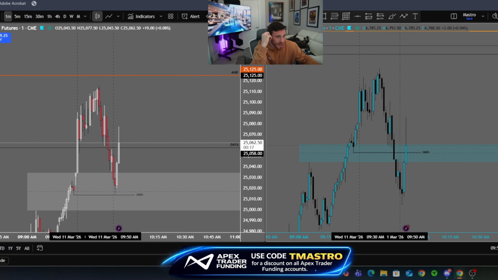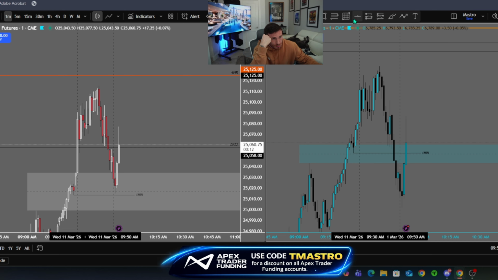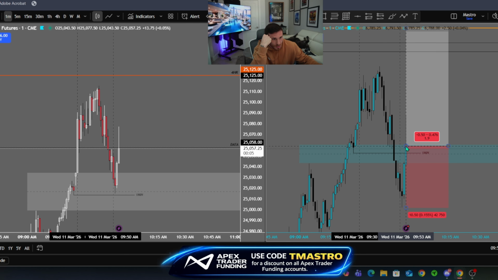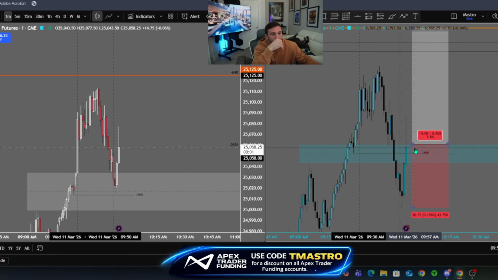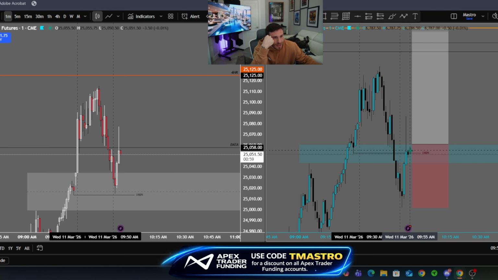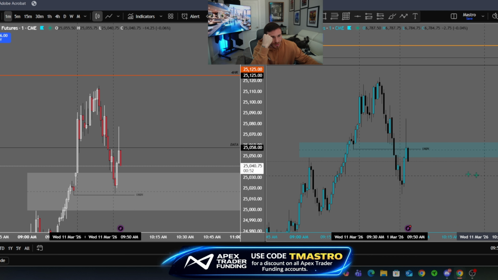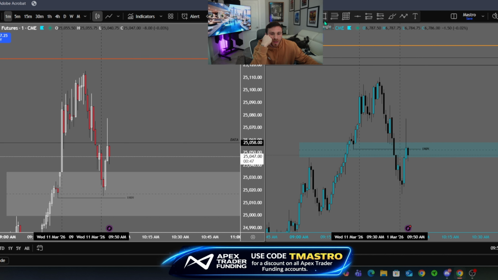We need a 1 minute inverse fair value gap. Break structure to the upside. All these draws above. We didn't get an inverse fair value gap. We did get a break of structure, but we did not get an inverse fair value gap. So I still wouldn't enter this trade.